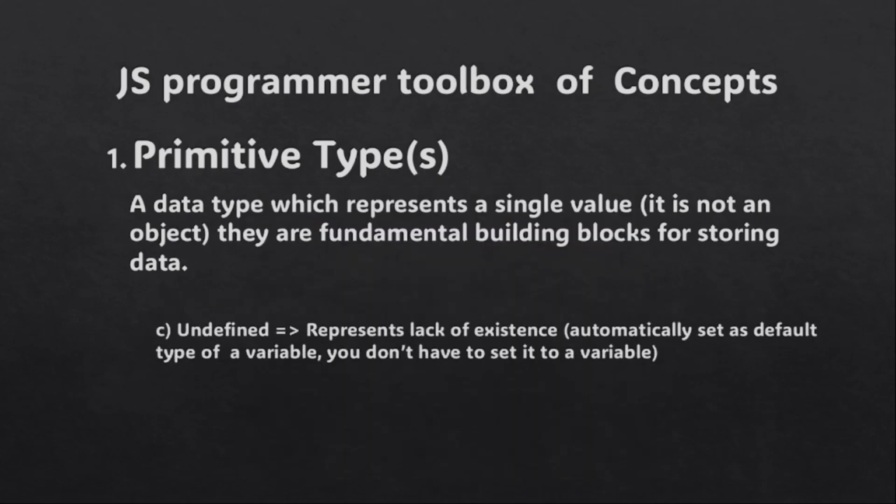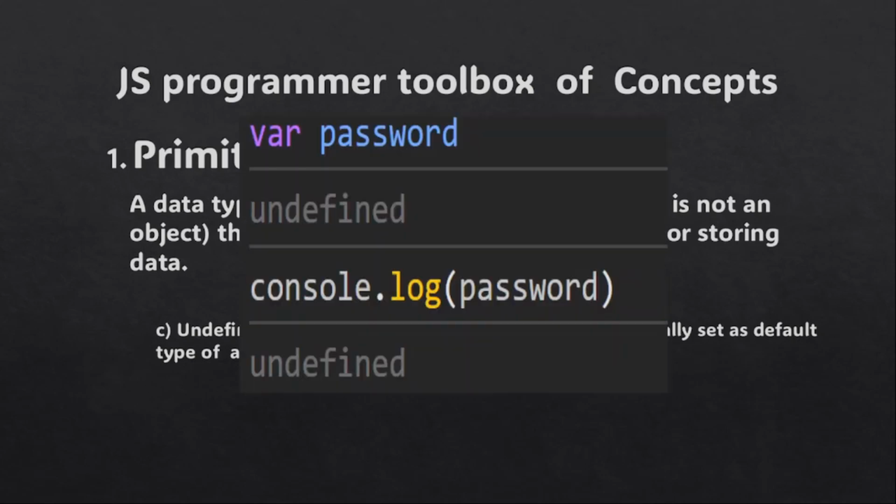Third one we have is undefined. Now, undefined represents a lack of existence. This primitive type is mostly automatically used by the engine to be set as a default for any variable that you create.